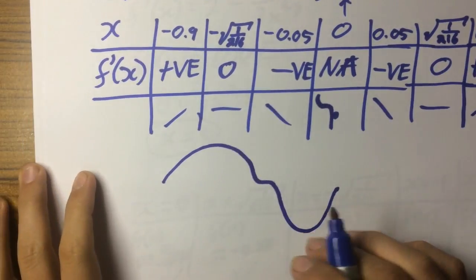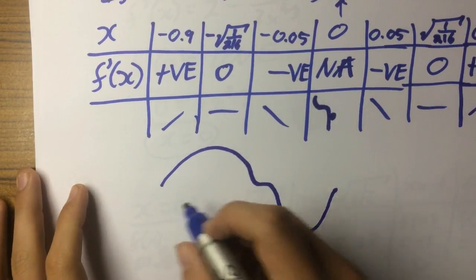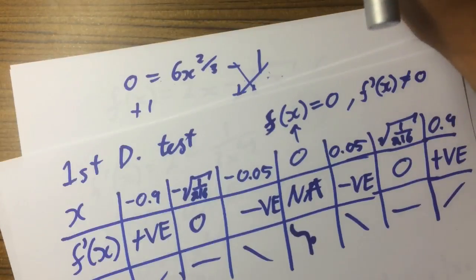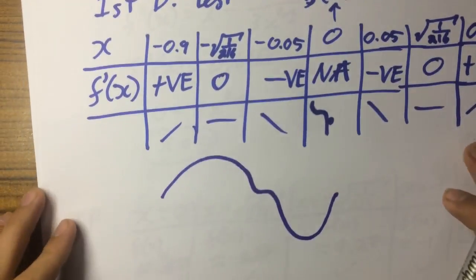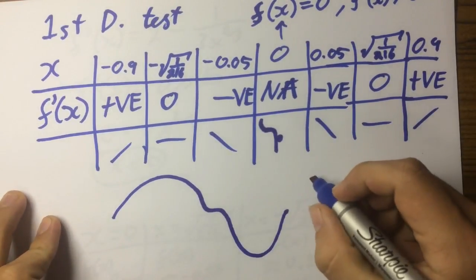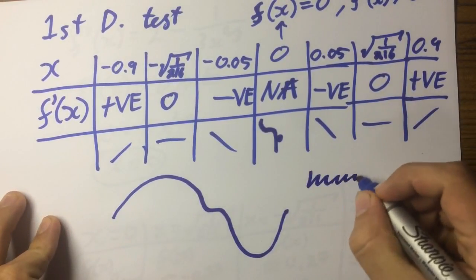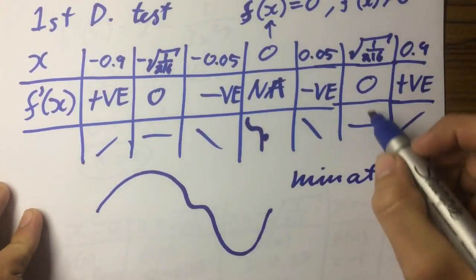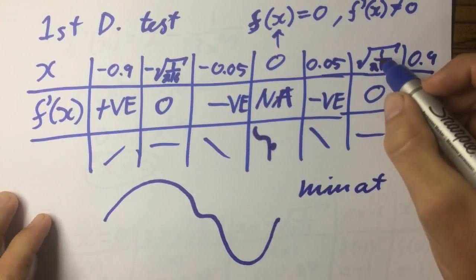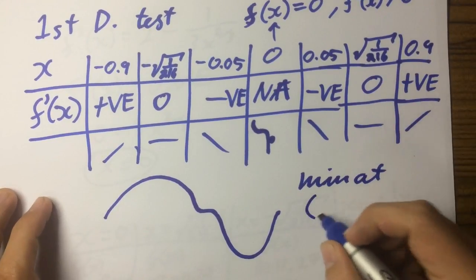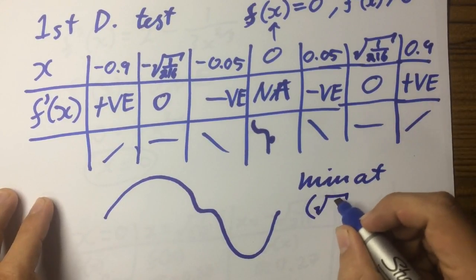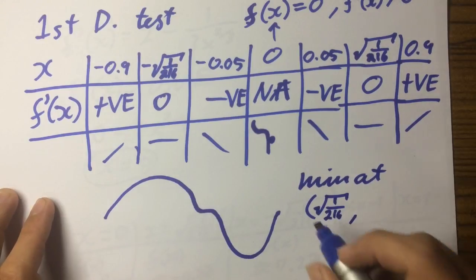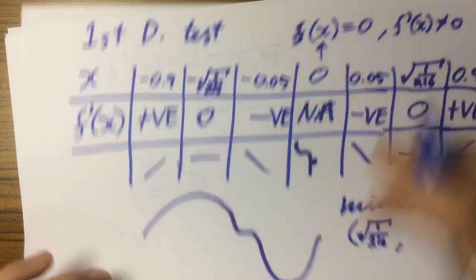Anyway, so let's draw this graph. Well, first I'd like to say, where are the minimums located? Okay, so the minimum is over here. That's where x equals positive square root of 1 over 216.